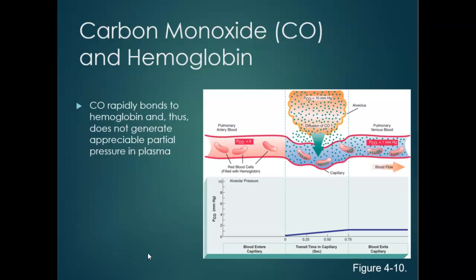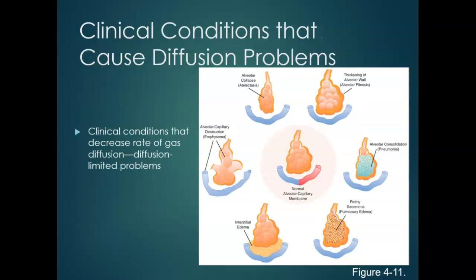But if it's bound to hemoglobin, it's not going to be exerting that partial pressure. So that's why you could have a large amount of carbon monoxide buildup in the blood, because it's going to bind up with that hemoglobin, plus it has the ability to dissolve in that plasma for extra carrying capacity, and that's going to affect our tissue hypoxia.